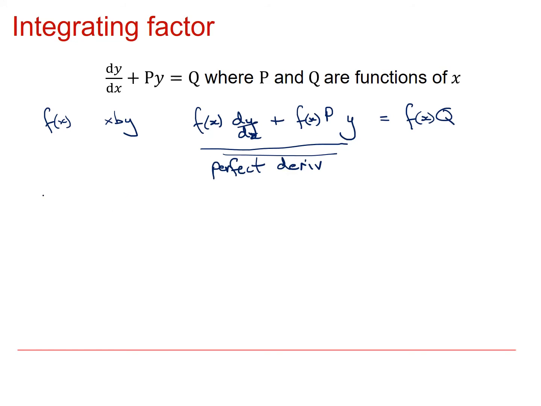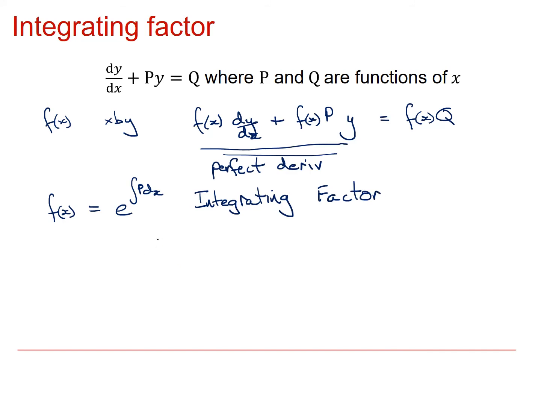It turns out that we can show that f of x has to be equal to e to the integral p dx. And this integrating factor can be used in all situations involving this kind of differential equation.